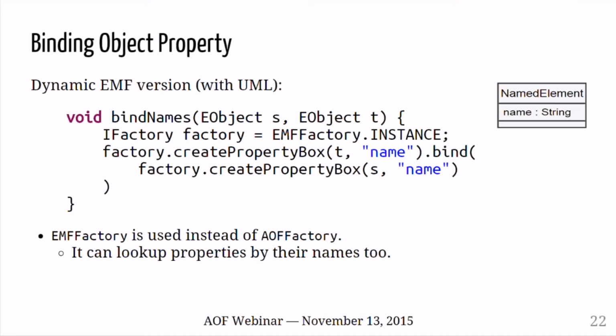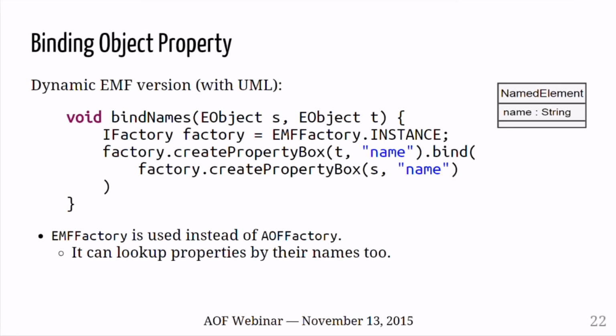Rather, we connect boxes to EMF properties with the EMF platform plugin. This is something similar to what Christian has done for GMF, and that I mentioned earlier could be done for JavaFX or other platforms which provide observable properties.